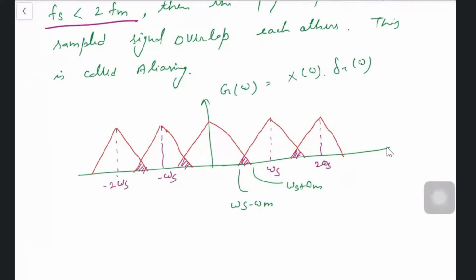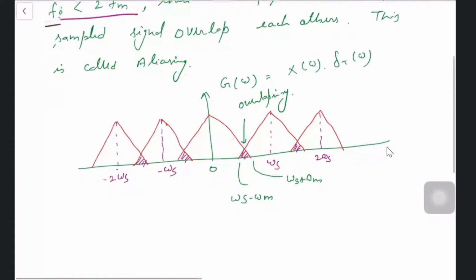And this is the 0. So this is the overlapping area, and due to this overlapping aliasing will occur. So this is the concept of aliasing, how it comes into the picture.